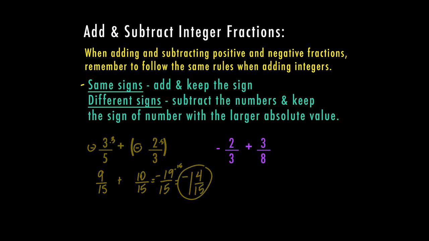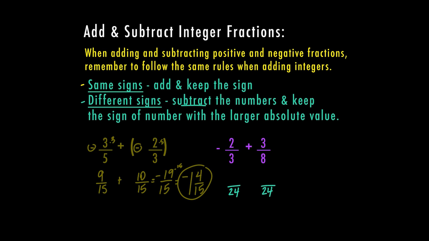So let's go ahead and try a different problem here. Now we have negative 2/3 plus 3/8. And in this case, I do know that one is positive and one is negative. So since they have different signs this time, I'm going to subtract the numbers. So let's go ahead and find a common denominator. So I do have 3 and 8, and my common denominator is going to be 24.